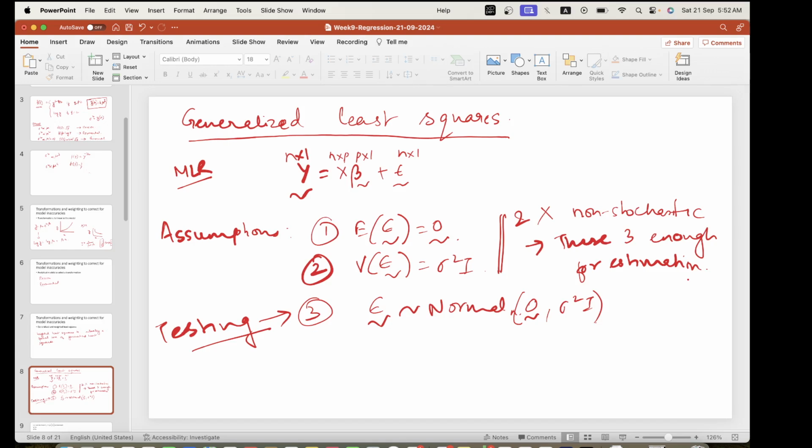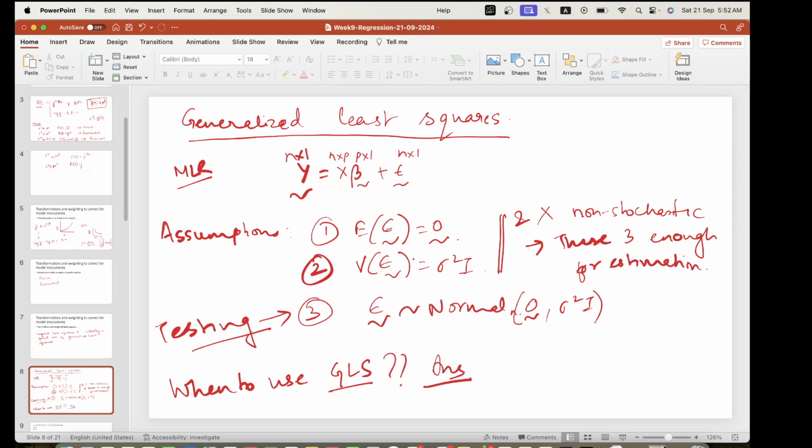So when does generalized least squares come into the picture? When do we use generalized least squares?